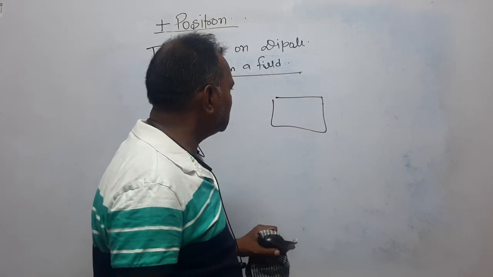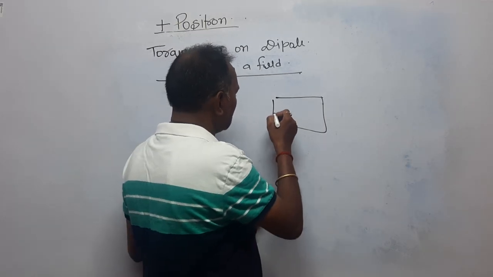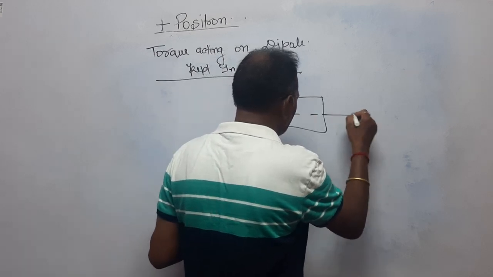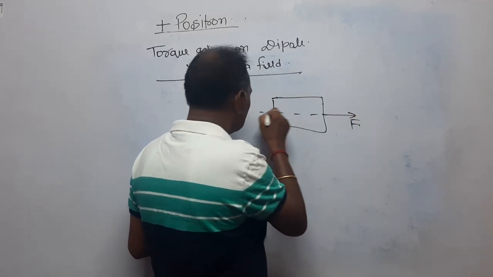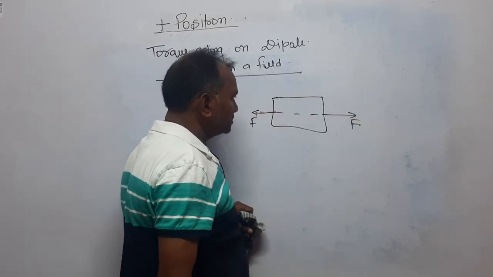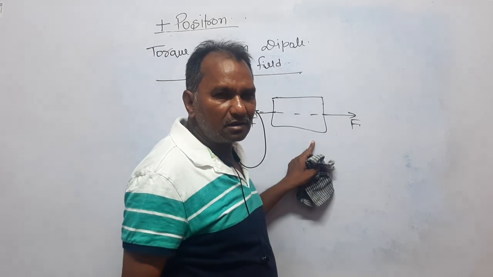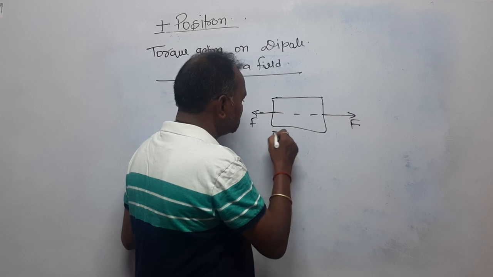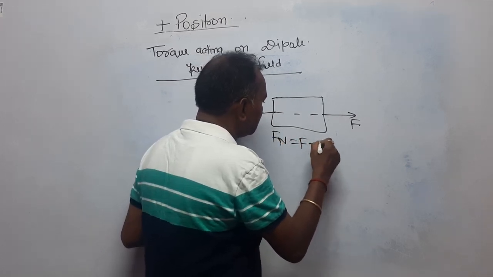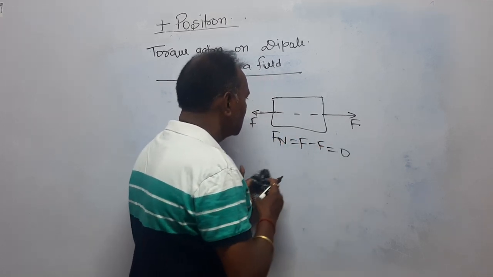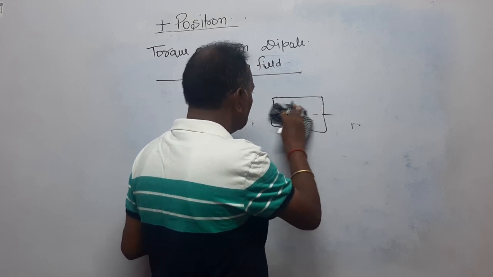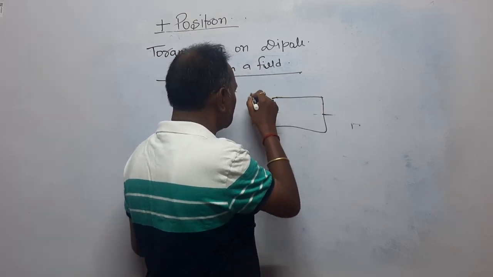Here are two bodies, and on this body a force is acting like this. This F force is acting on this single body, right? The two forces are equal and opposite, so the net force, that is F minus F, equals 0. But what happens if the same force is acting like this?